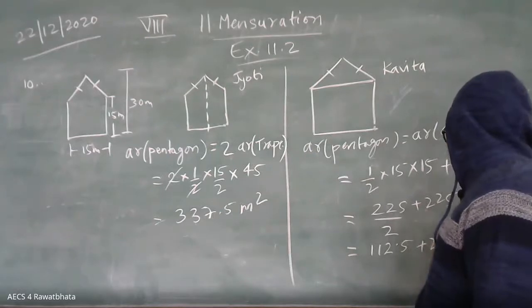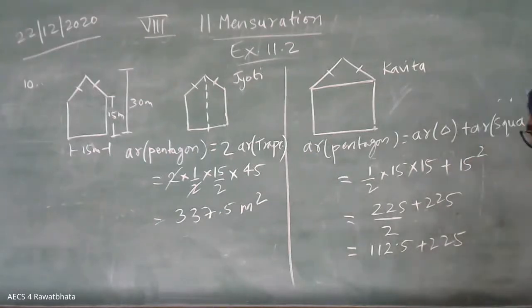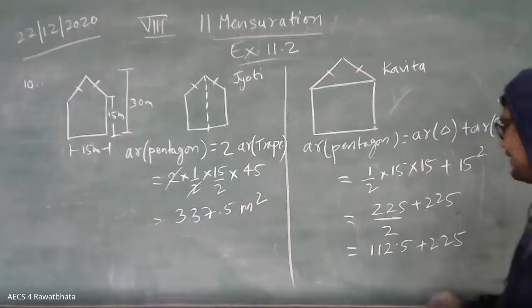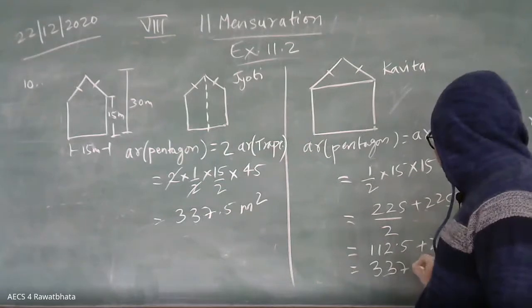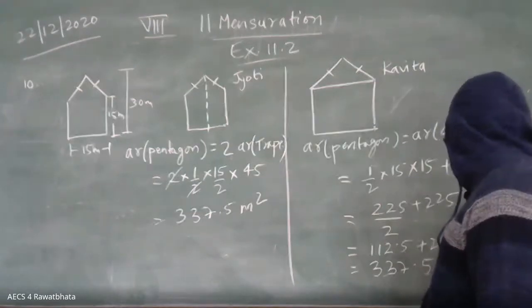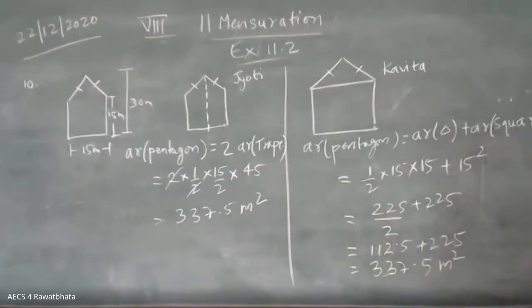Plus 225. So what is the value? 337.5 meter square. So in both the cases we got the same answer.